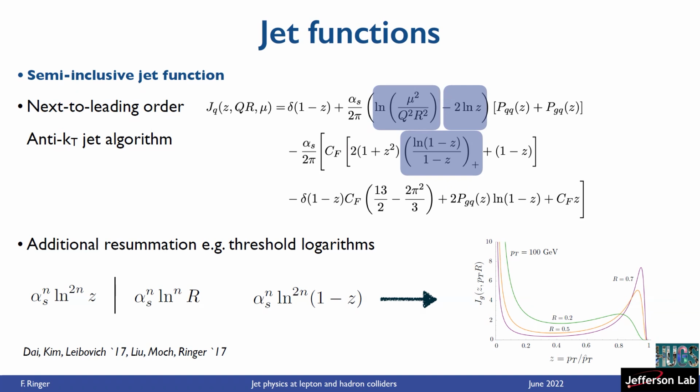And these terms become relevant, and actually they are included here. So the threshold logs are included in the plots that I showed you. They're relevant close to 1. They are what gives us this nice peak structure here. If I didn't include those logs correctly, they would just be divergent. Because the plus makes sure that an integral over the function is finite, but the function itself is still divergent if I just plot it as it is. So if I would just plot the next to leading order here, I would just get a divergence.